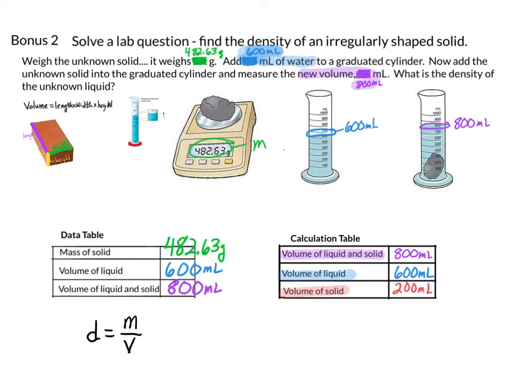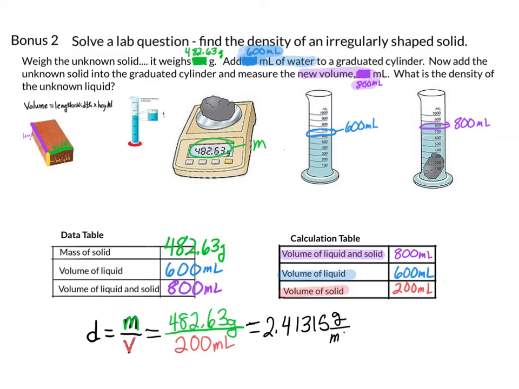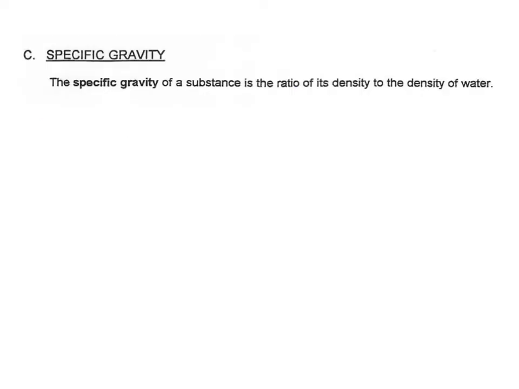And finally, to calculate our density, we'll take our mass, which was 482.63 grams, and we'll divide it by the volume of the solid, which was 200 milliliters. And that gives us an answer of 2.41315 grams per milliliter.